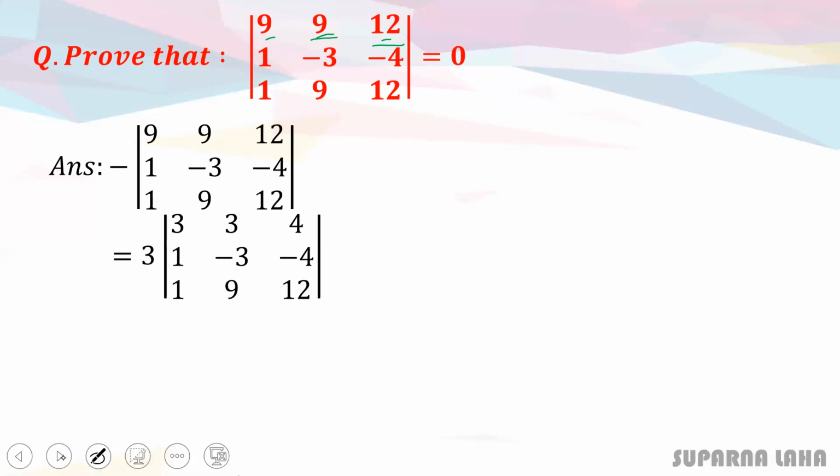And write down the reason, that is taking common 3 from the first row. I'm not writing down those operations since you need to write this one. This is your homework also. So write down this property that you are taking common this 3 from this first row.